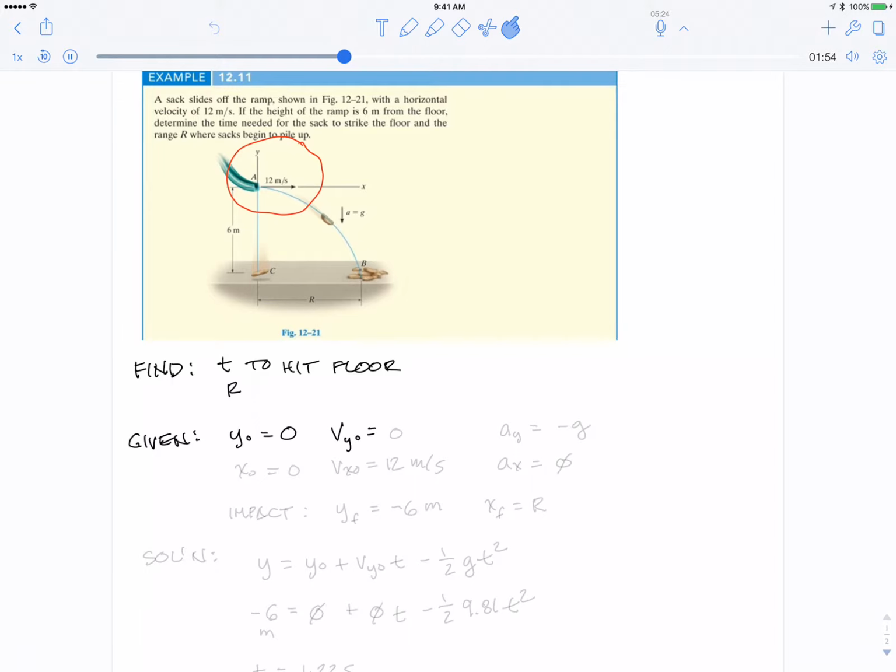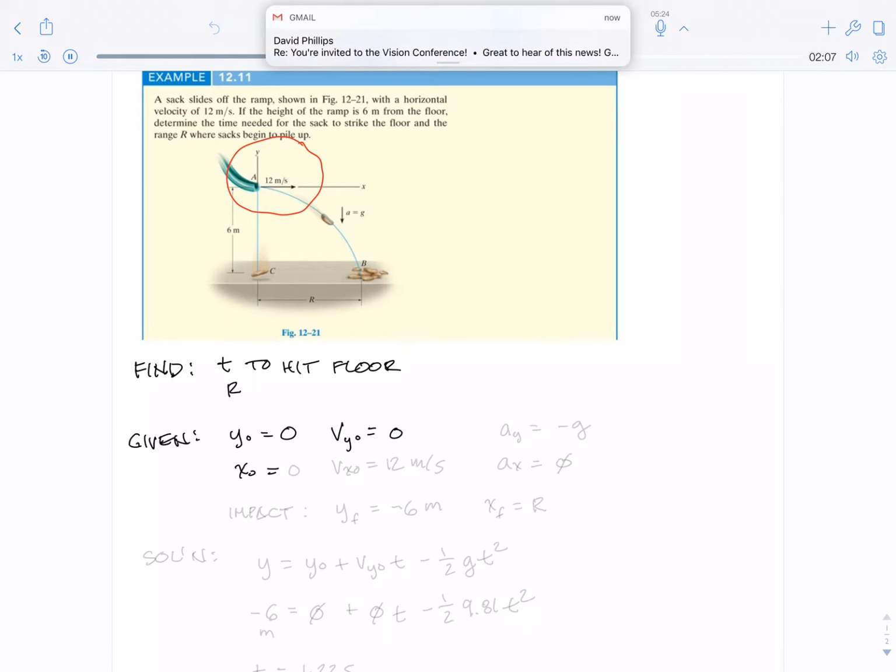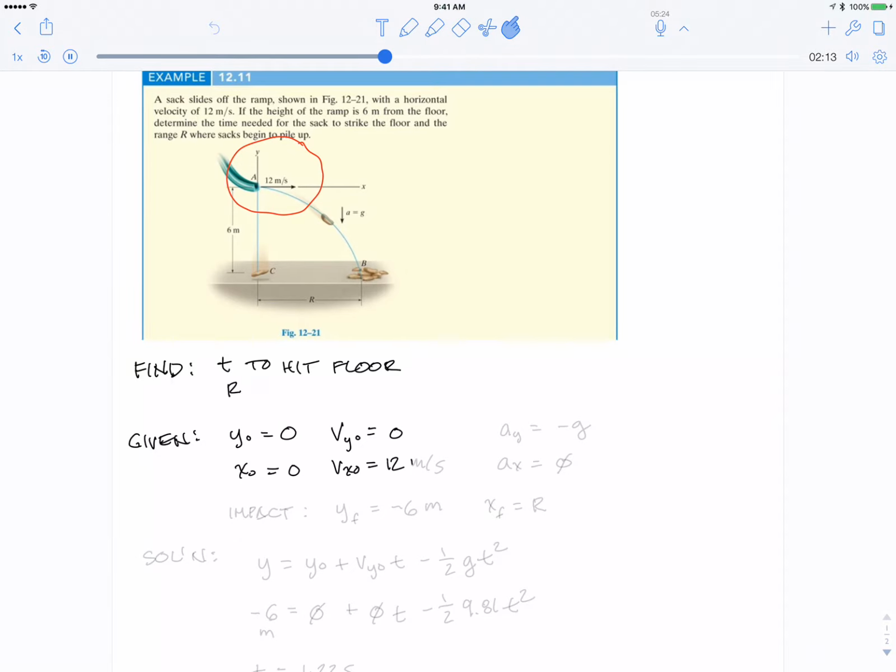Vy0, what's the initial velocity if this thing is shooting horizontally at 12 meters per second? What's the vertical velocity? 0. x0 equals 0, and Vx0 equals 12 meters per second.